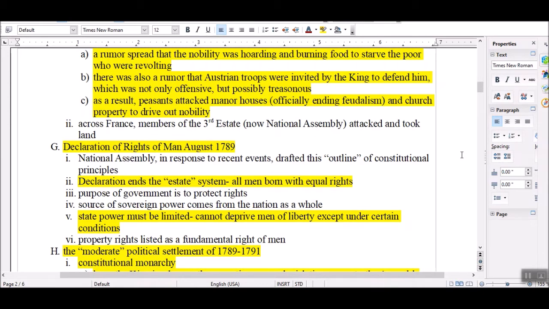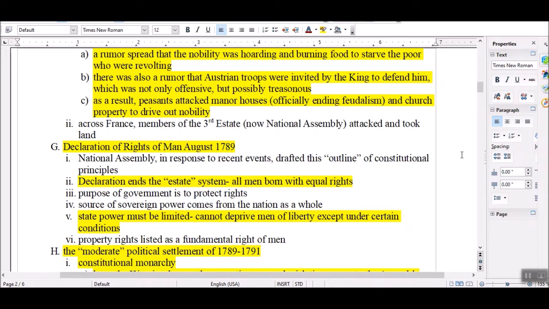And so the result was the peasants attacking manor houses. These are these grand houses that are owned by the nobility, the land run by the nobility, where they had serfs working the land. This is going to officially end feudalism. While it was not particularly popular anymore at this point, it had still been around.